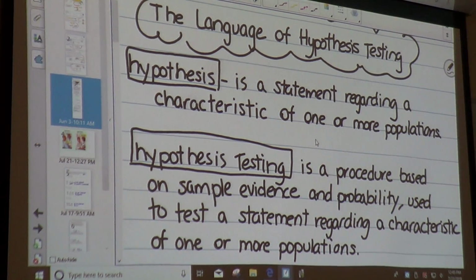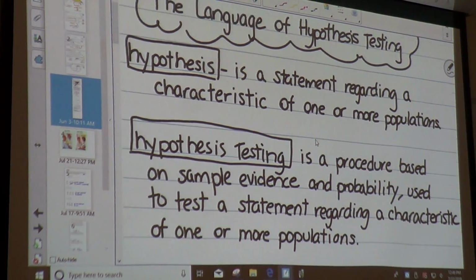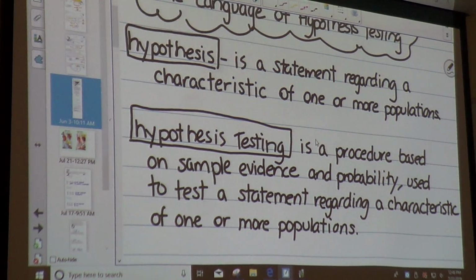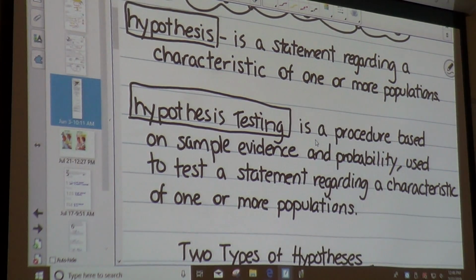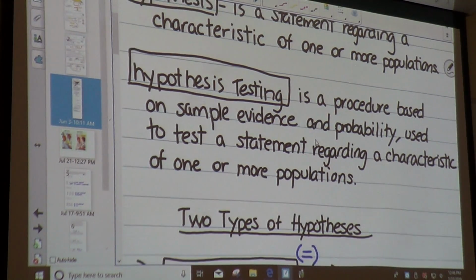Hypothesis and hypothesis testing. The hypothesis is just the statement, and then the testing is where we actually do a procedure to test. There are two types of hypotheses.